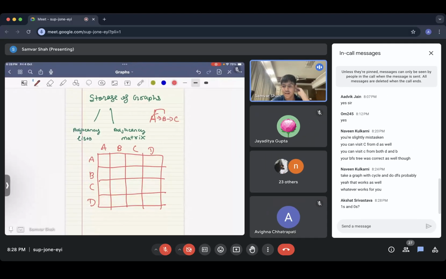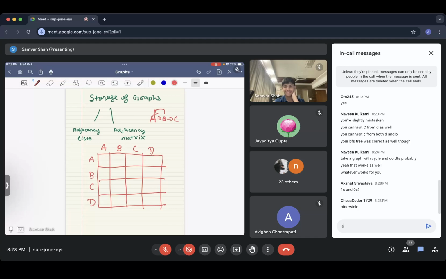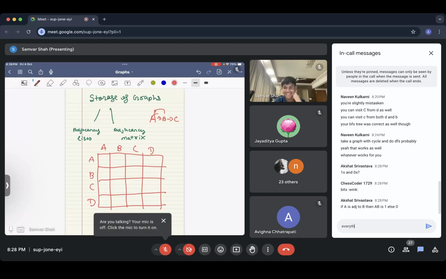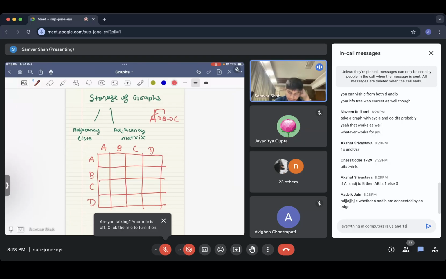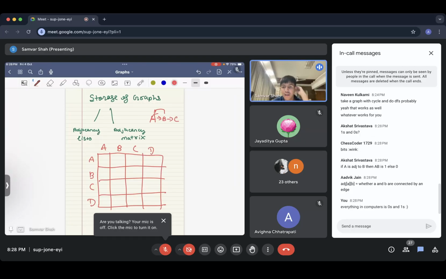Your answer is right. Exactly. So as Akshat and Advik said, adjacency of a comma b is equal to whether a and b are connected by an edge. Yeah, very well said.